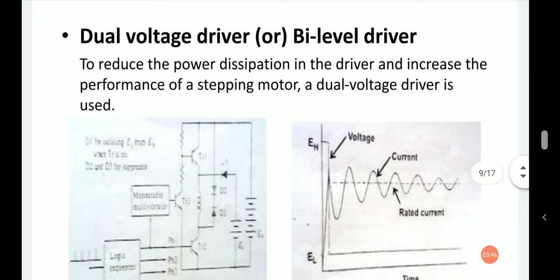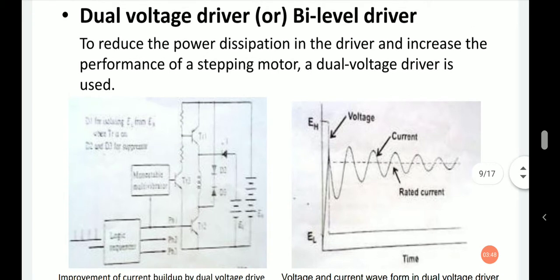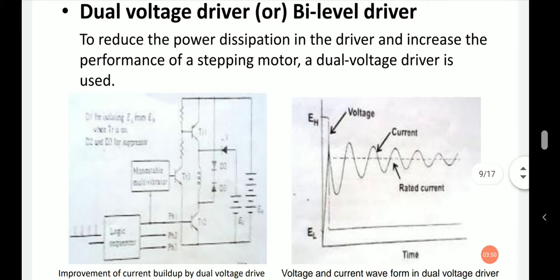Next drive is dual voltage driver or bi-level driver. To reduce the power dissipation in the driver and increase the performance of the stepping motor, a dual voltage driver is used.